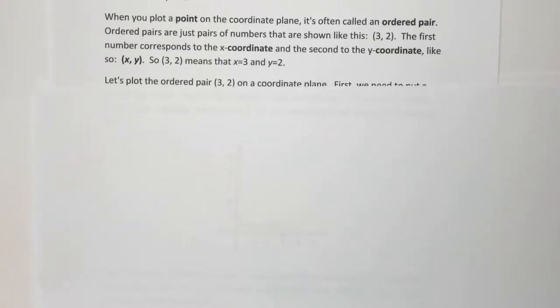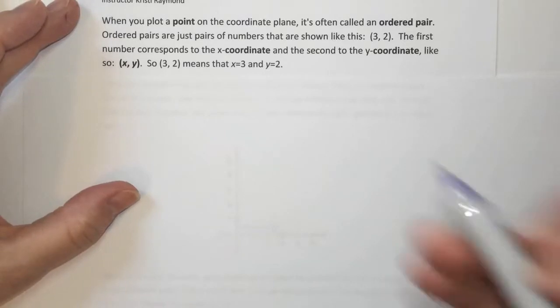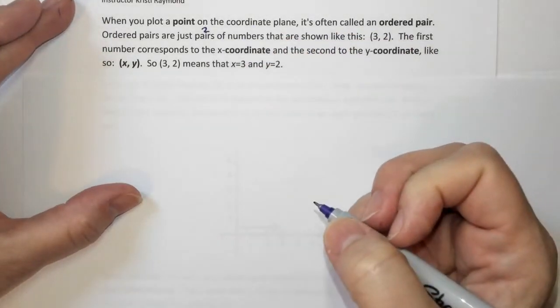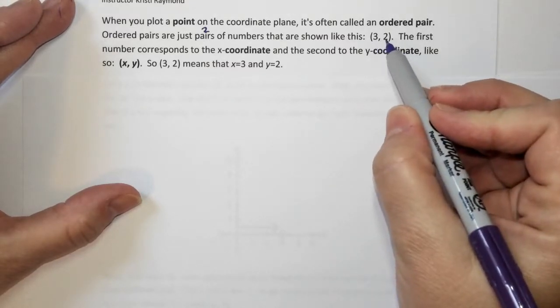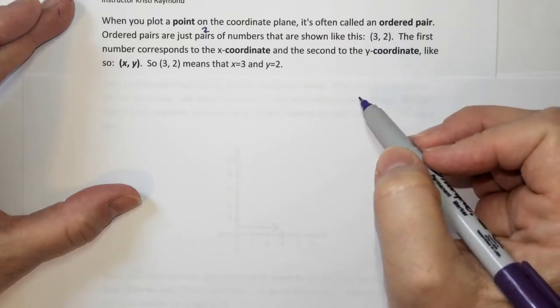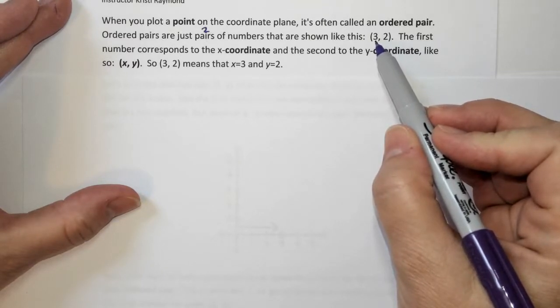Now when you plot a point on the coordinate plane, it's often called an ordered pair. Ordered pairs are just pairs, remember that because that means two, pairs of numbers that are shown like this. The first number, comma, and the second number, and it will always be shown in parentheses. The first number that you see, in this case the 3, corresponds to the x-coordinate, or the x-axis.